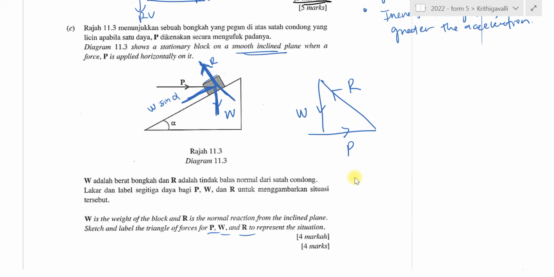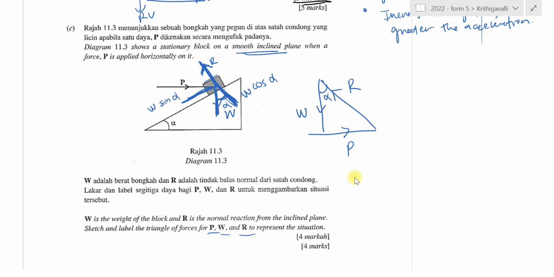And this one is the W cos alpha, which must be right opposite to your R. Alpha is between W and R. This is W, this is the R that is extended. So your theta should be here.